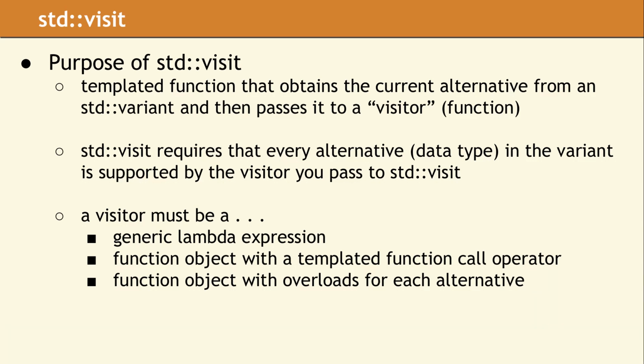Since the visitor code must be capable of receiving multiple different data types, a normal function or callback would not work. The visitor is often implemented as a generic lambda expression. It can also be a function object, where the function call operator is either templated or overloaded. In this video, our examples will use a generic lambda expression because we believe it is the most readable.